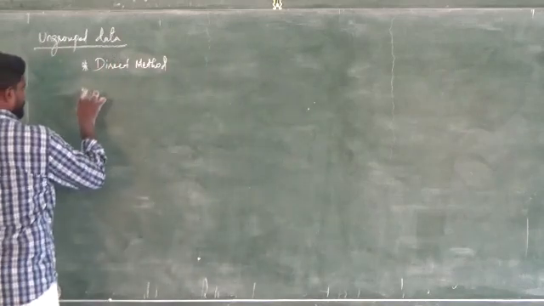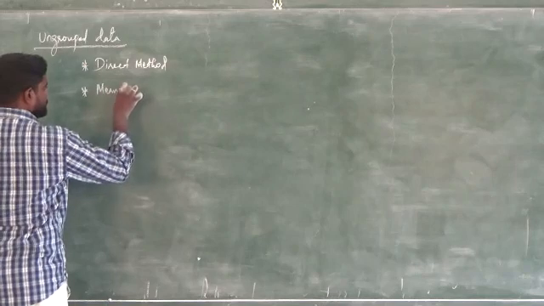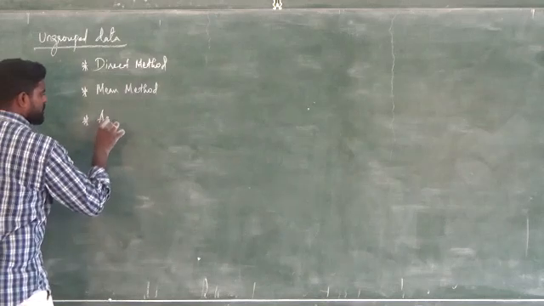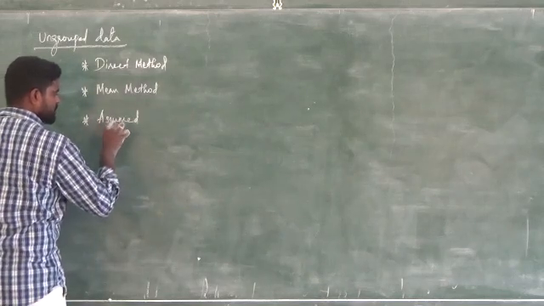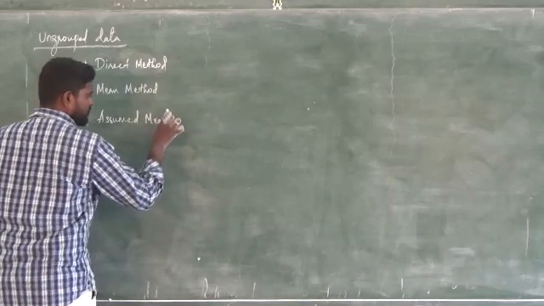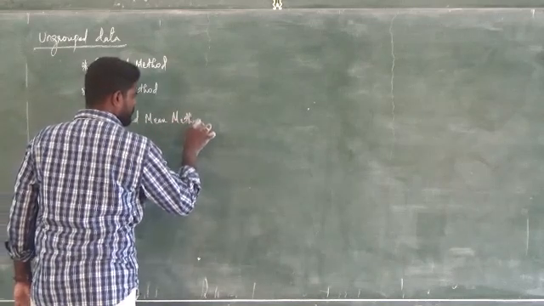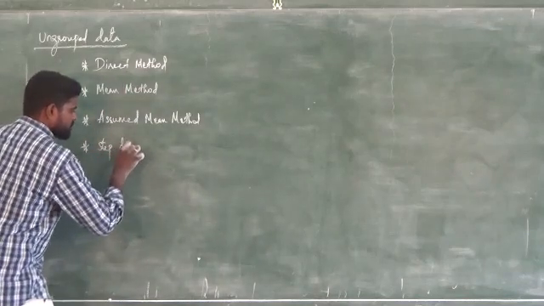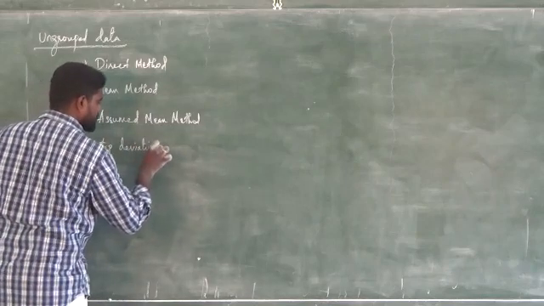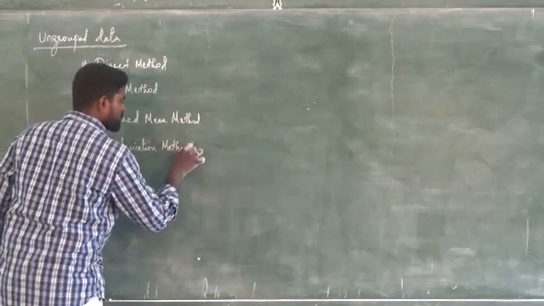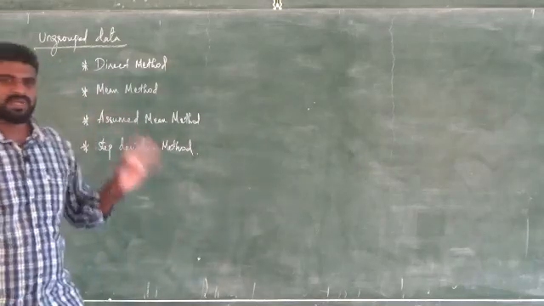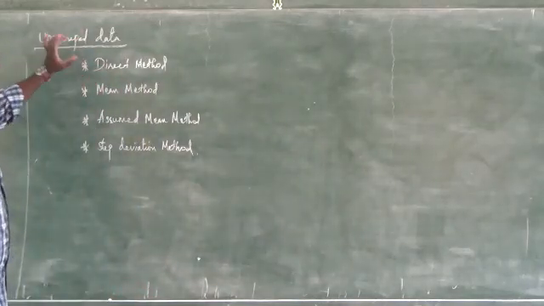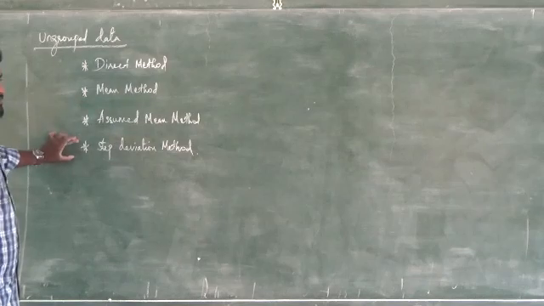The second one, mean method. The third one is assumed mean method. Fourth one, step deviation method. So totally there are 4 methods for both grouped data and ungrouped data. First we will complete ungrouped data: direct method, mean method, assumed mean method, step deviation method.